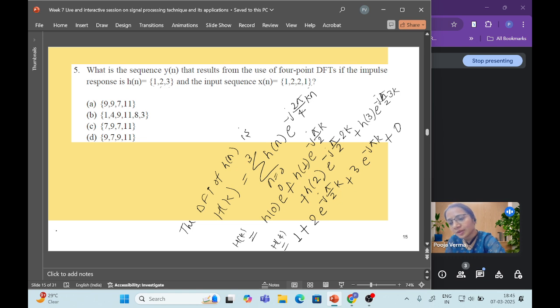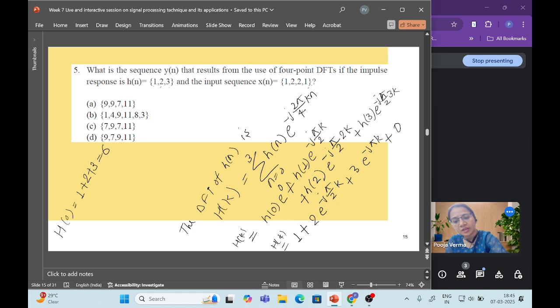Now similarly we have to calculate H of 0. Okay, what is the frequency domain representation of this signal? So if you simply put k is equal to 0, e to the power 0, e to the power 0, so we will get here 1 plus 2 plus 3, so total 6.